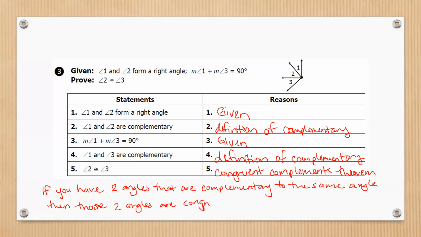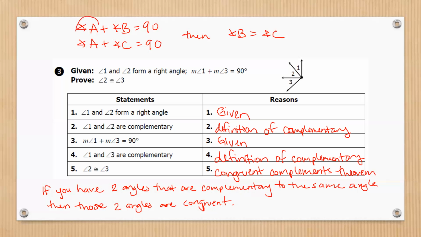Okay, and I'll show you a little example here. Let's pretend I have angle A and angle B, and they add up to 90. And then I have angle A and angle C, and they add up to 90. According to this congruent complements theorem, angle B has to equal angle C, right?